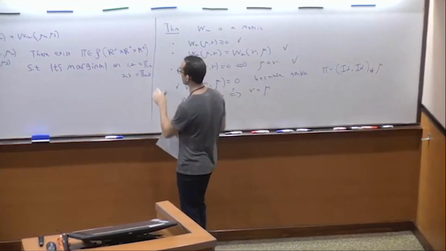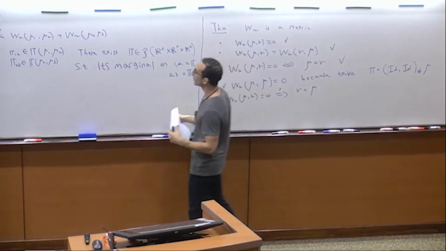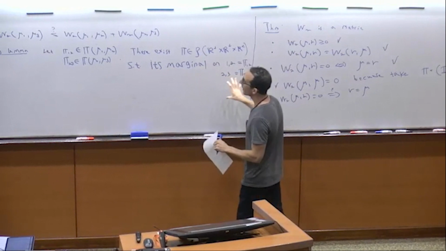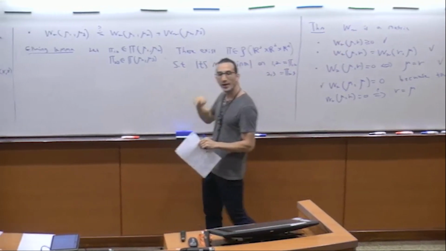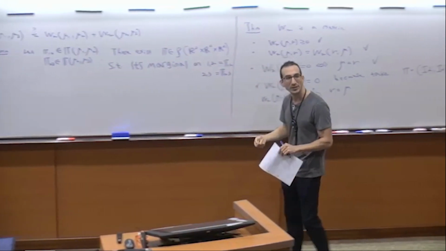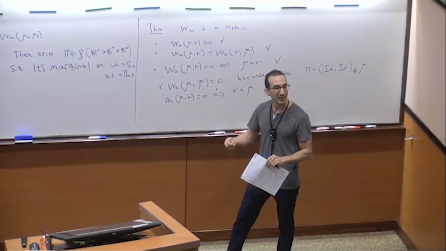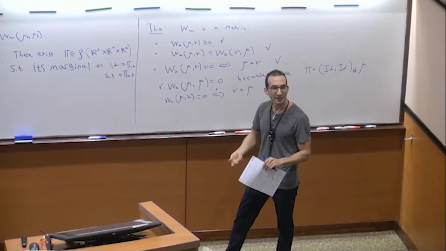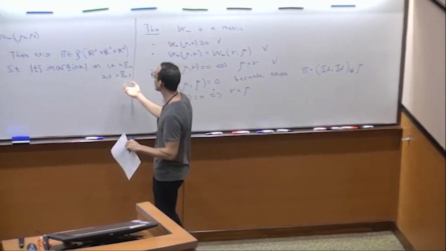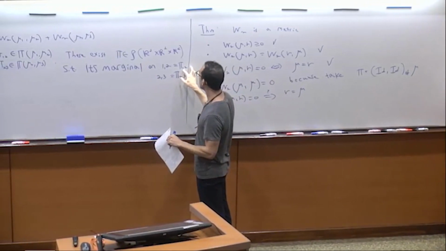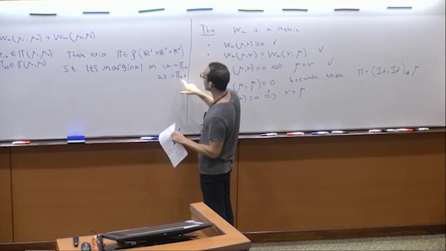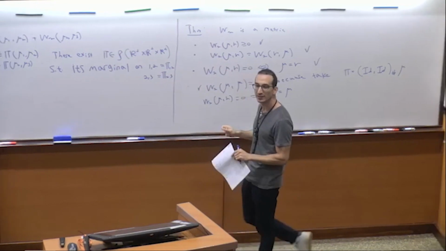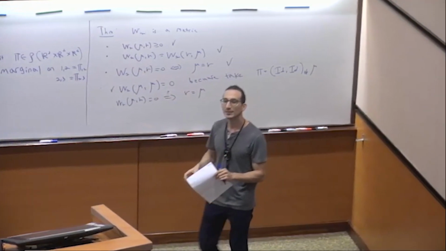And the way you construct this pi, I'll just say in words: you sample x2 according to mu2, and then conditioned on that x2, you sample from pi 1, 2 conditioned on x2 and pi 2, 3 conditioned on x2 independently.